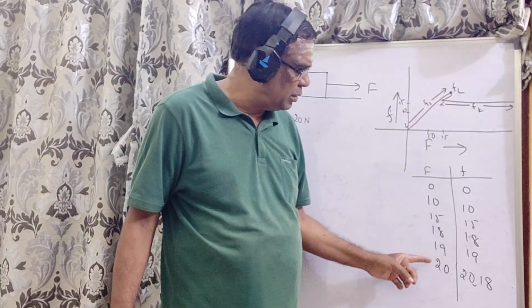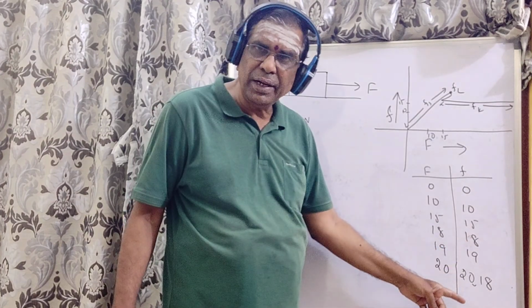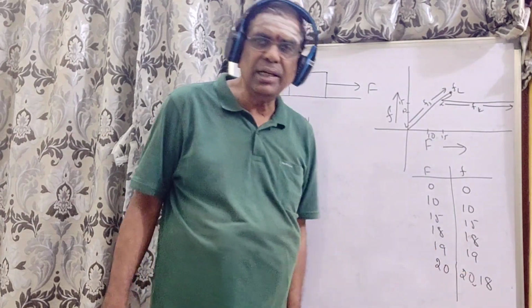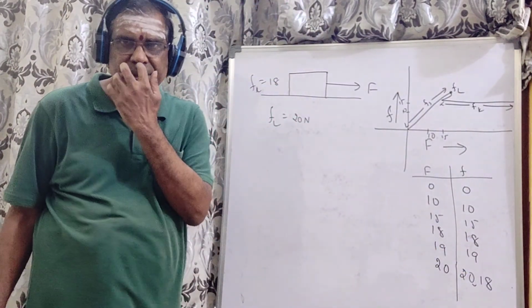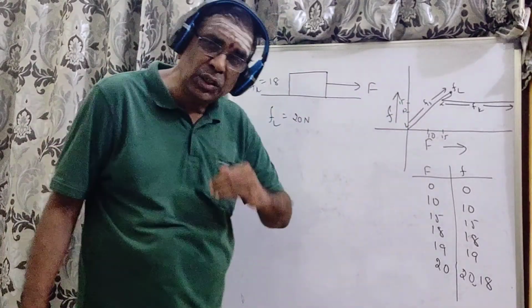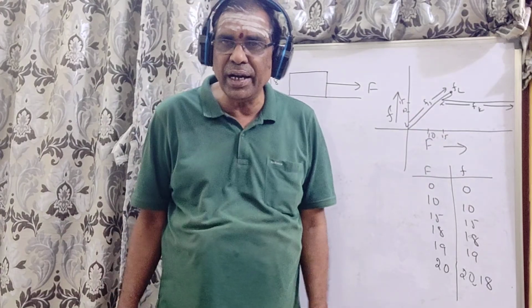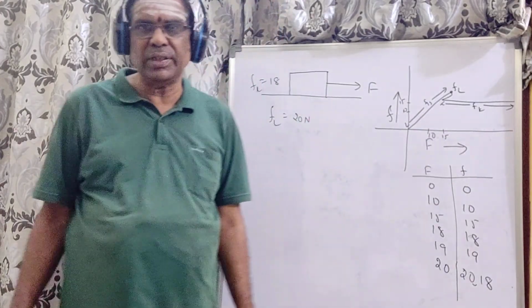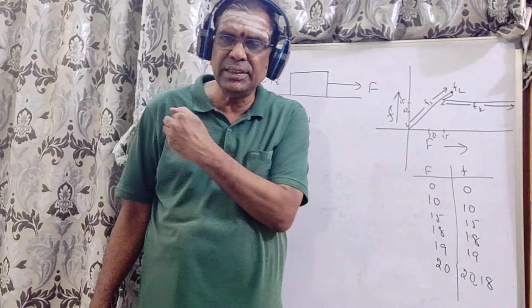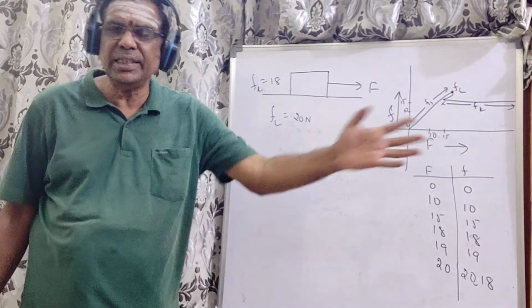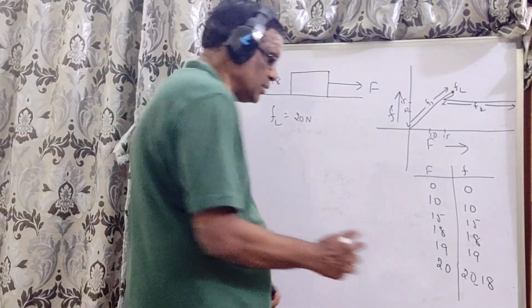From 0 to 20, at the instant you apply 20, immediately it becomes 18. And if you continue to apply 20, the body would accelerate. Why? Applied force is 20, opposing force is 18. So 20 minus 18 is equal to mass into acceleration.